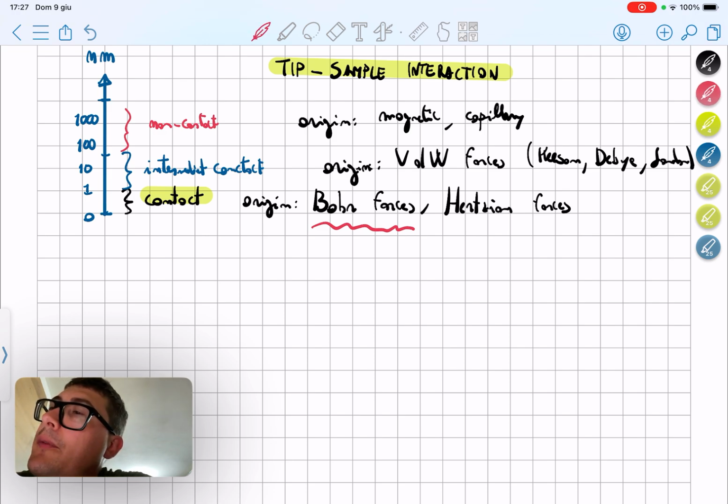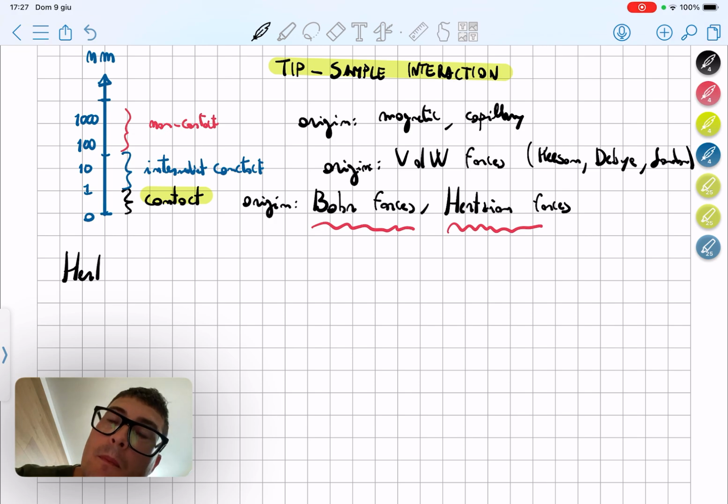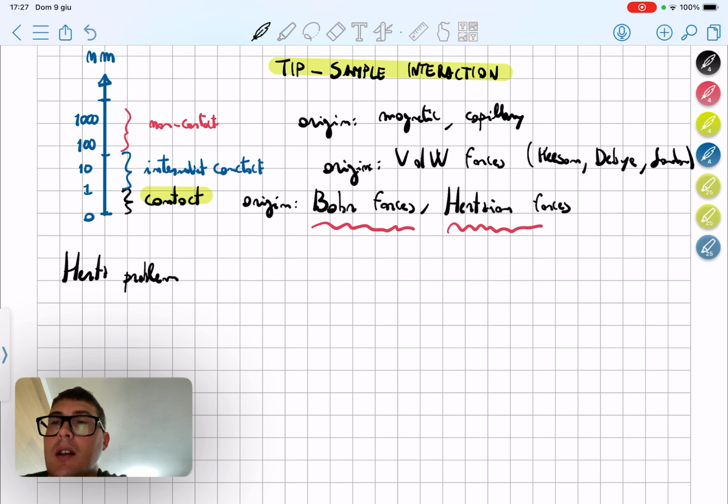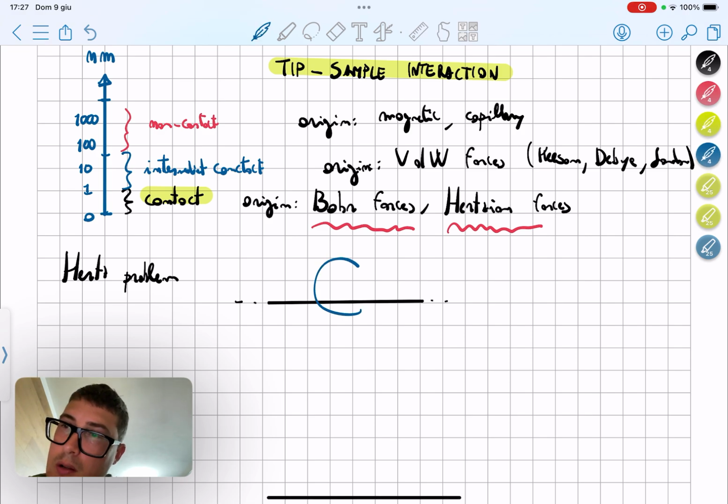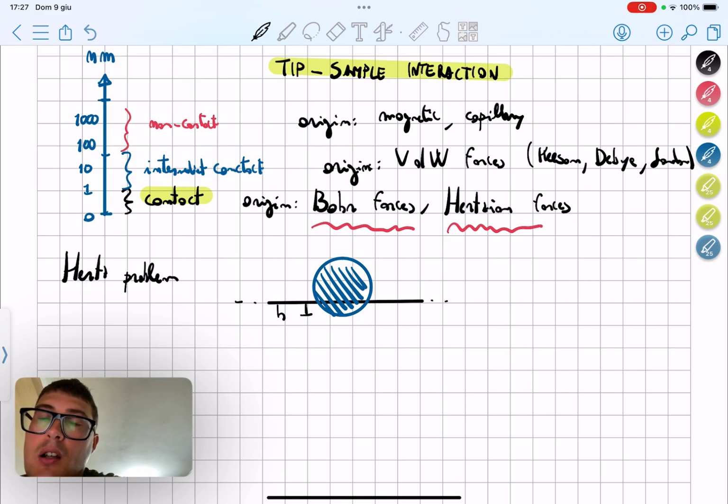So we described the Born forces. What are the Hertz forces? That's related to the Hertz problem, in which we have a hard sphere, let's say the blue one, that is penetrating inside a surface to a certain depth, which we call h.